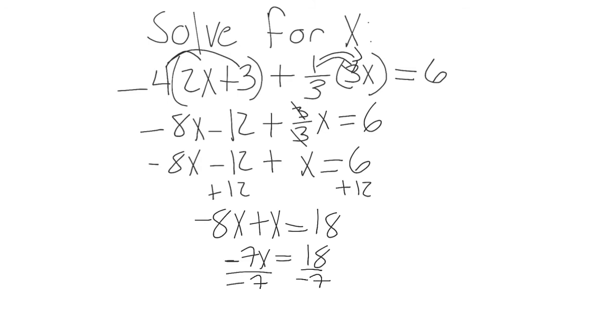If we did it to the left, we have to do it to both sides. The negative 7s cancel here. We're left with x equals 18 over negative 7. And that right there is our final answer. Do not be afraid of fractions, as you maybe won't see one on your test, which is tomorrow. On to the next one.